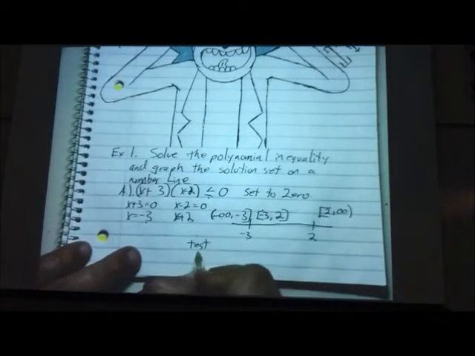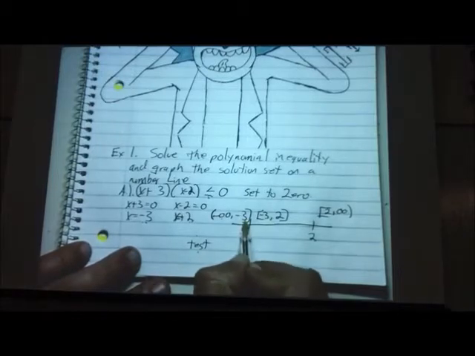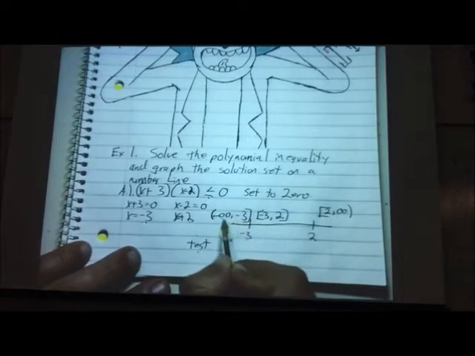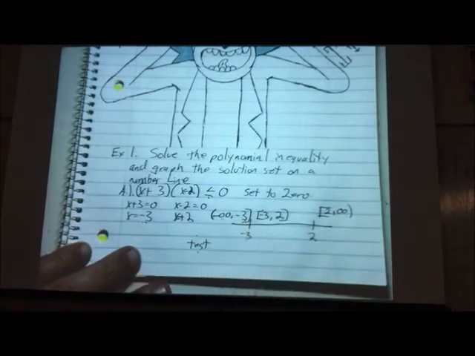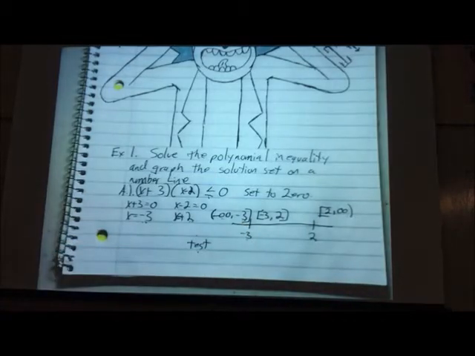Okay. So we have to run a test. To run a test, we need to pick a number that is between this number and this number, but never the number listed. Do we understand? Make the number you pick as easy as possible. Pick the smallest whole number so that you don't have to complicate things.